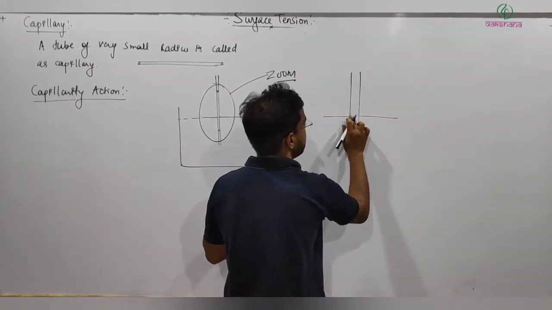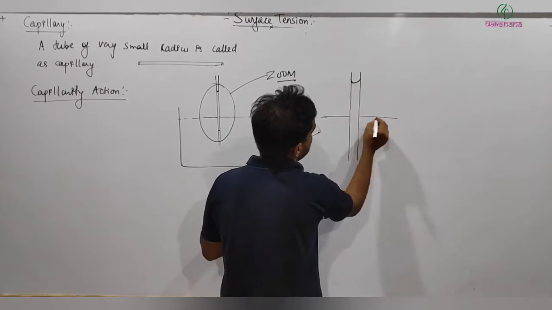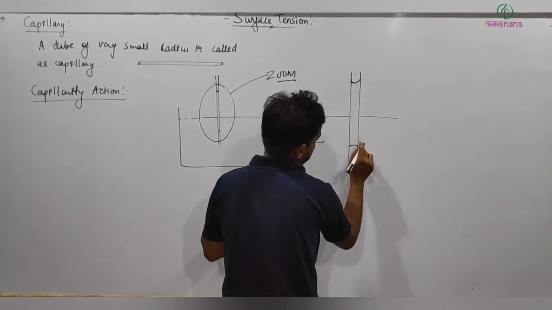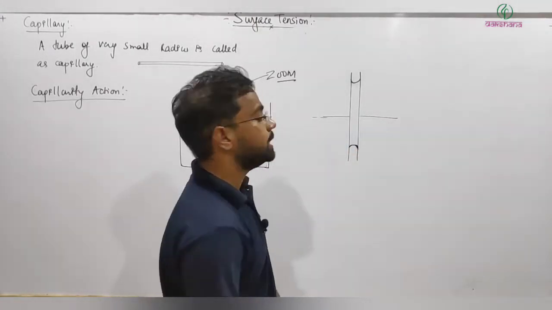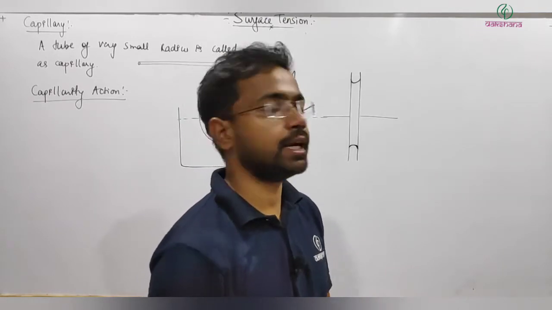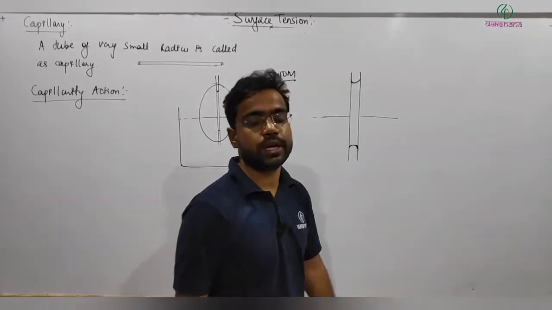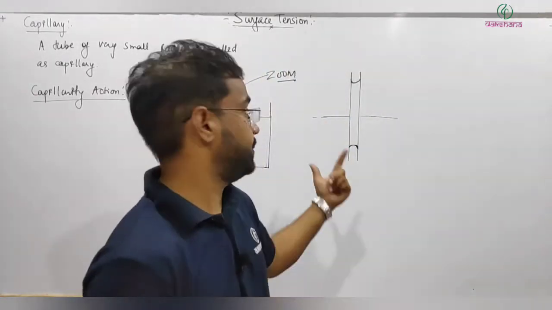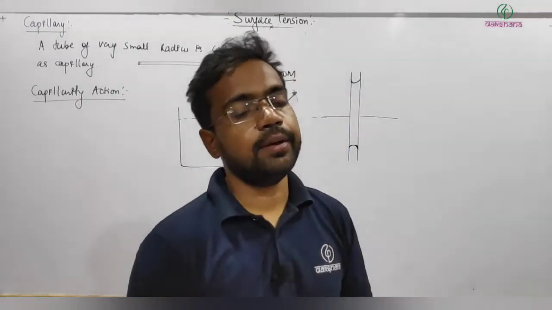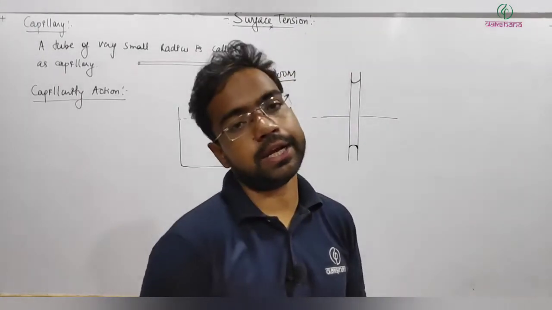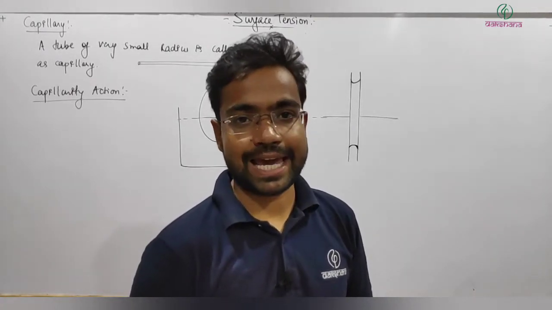Two situations happen: either the liquid rises in this manner above the surrounding level, or it depresses in this manner. Ultimately the level of liquid in the capillary either ascends or descends compared to the surrounding level. This phenomenon of rising or depressing of liquid in the capillary when it is submerged in the liquid is termed capillarity action.